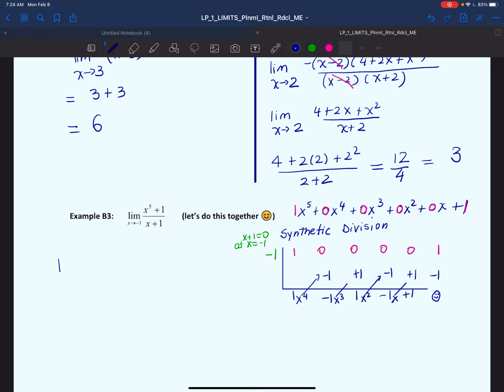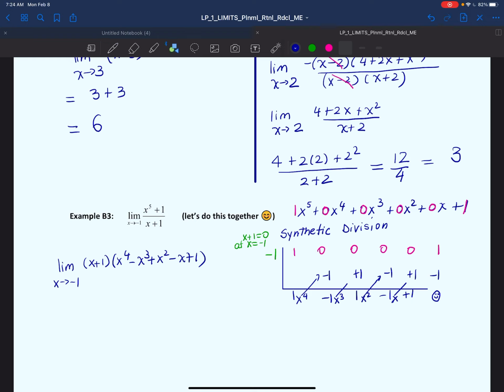So we're going to say that this would be the limit as x approaches negative 1, x plus 1 times x to the 4 minus x to the 3 plus x squared minus x plus 1.